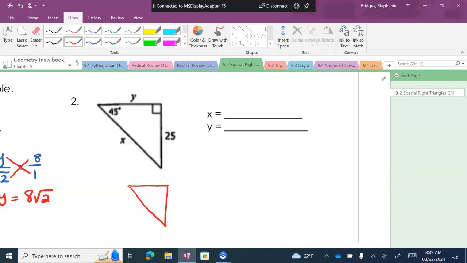Is everybody ready? What are my 2 legs again in my reference triangle? 1 and 1. And the hypotenuse is the square root of 2. Okay, so what I want you to do is first set up your proportion for x. Start with x.